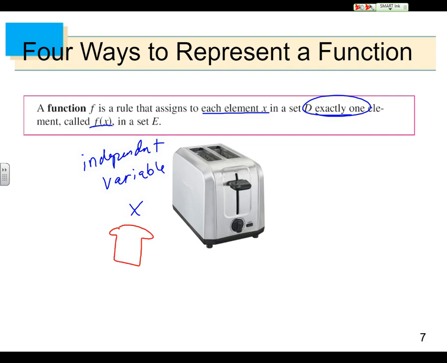It's going to go into this machine. Bread goes in, and what comes out is going to be called your f of x, or your dependent variable.